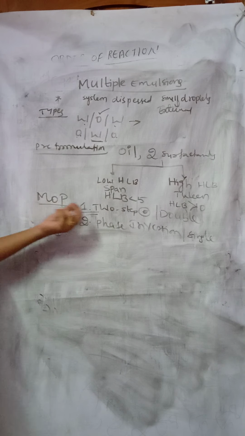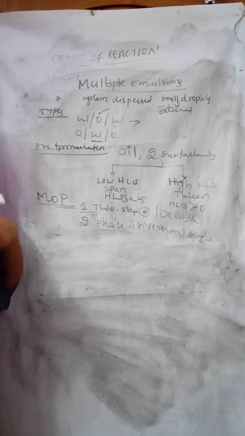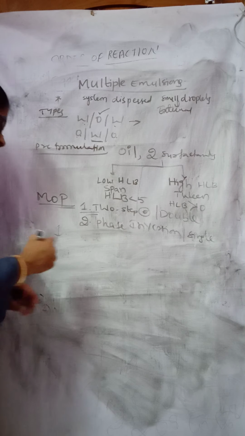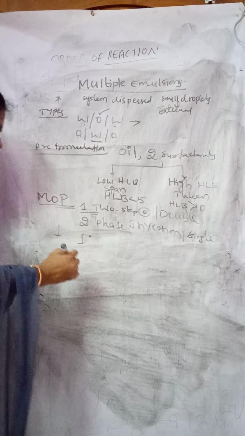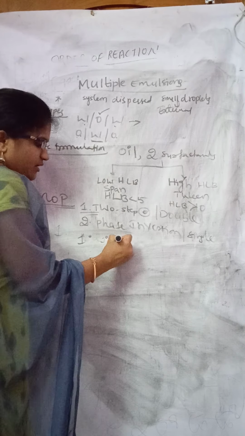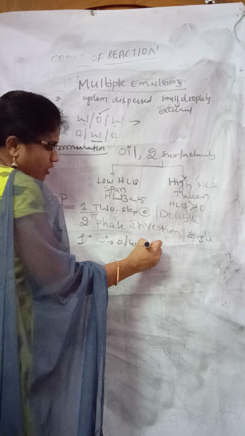The principle involved in two-step is that we can get the multiple emulsion by re-emulsification of the primary emulsion. First you prepare the primary emulsion of either oil in water or water in oil.